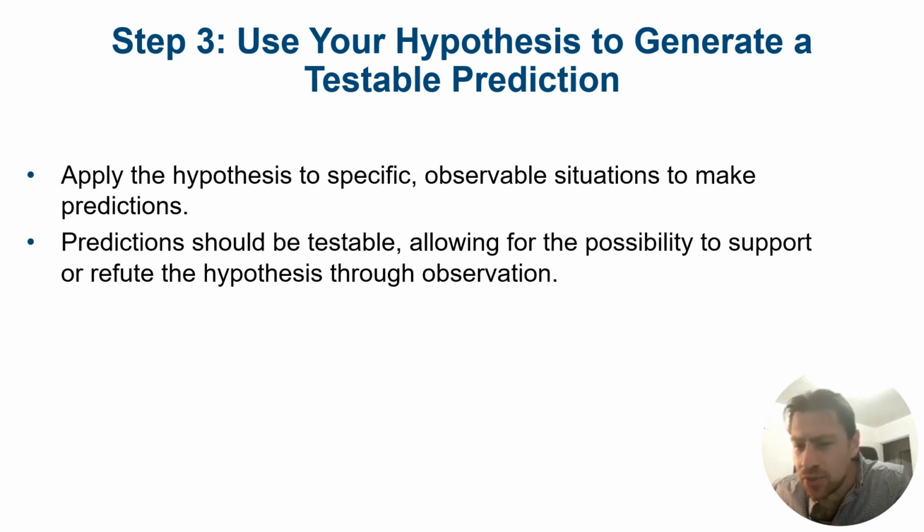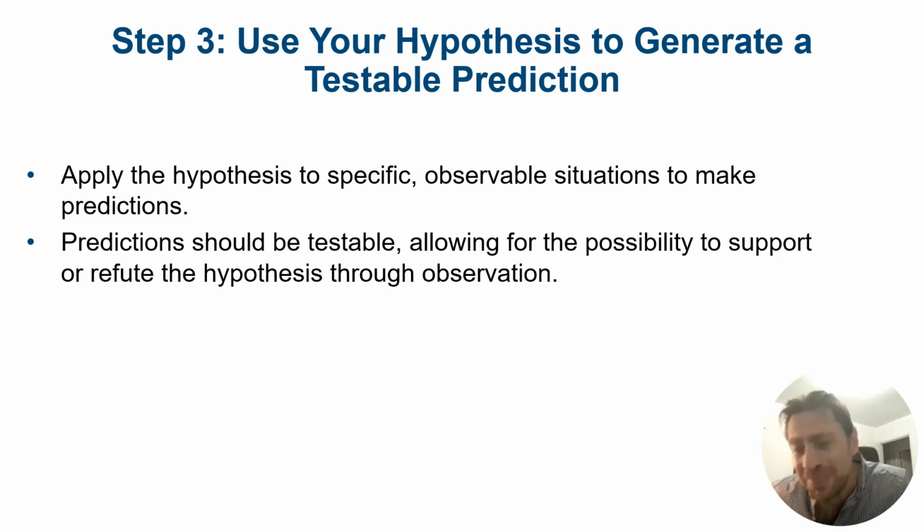So that brings us to step 3, in which you want to use your hypothesis to generate a testable prediction. So two important words: testable and prediction. You want to begin by asking yourself, if my hypothesis is true, what sorts of things would I observe in the world?